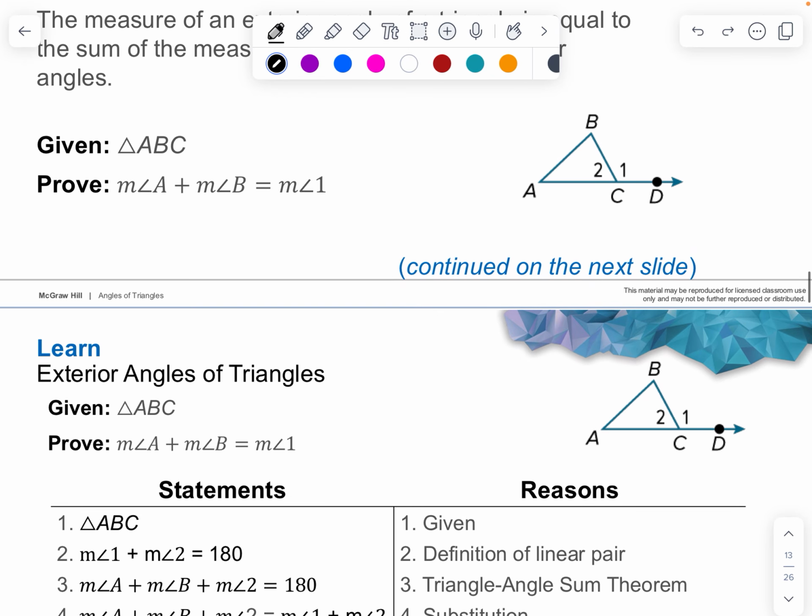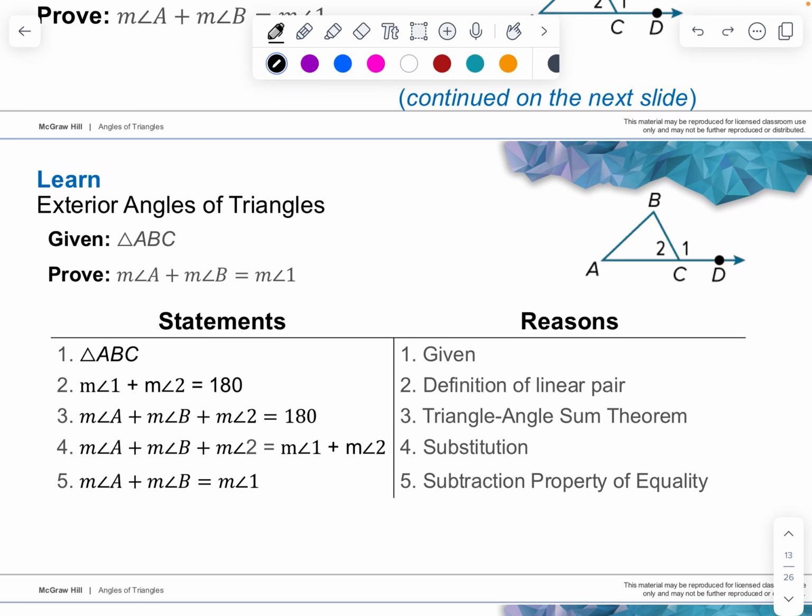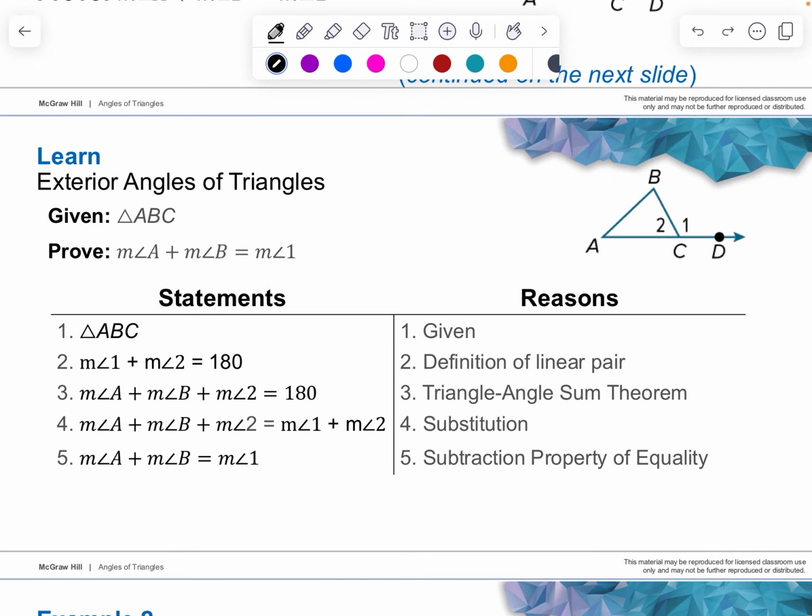Okay, so let's see this proof that proves that this works, okay? If we're given triangle ABC, we're going to prove that the exterior angle theorem works. So given triangle ABC, we know that angle 1 and angle 2 equal 180 degrees because that's the definition of a linear pair.